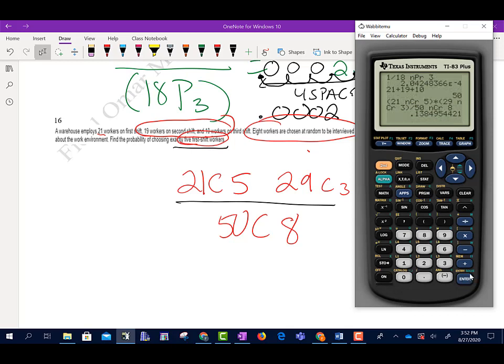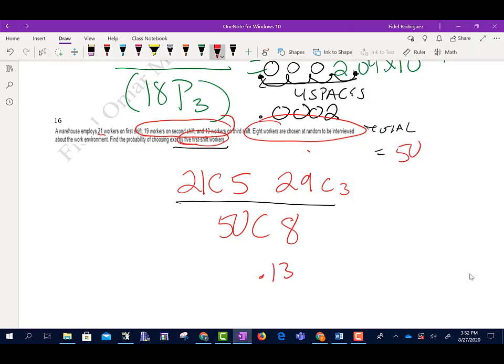And hit enter. And so I'm coming up with, if I go to 3 decimal places, 0.138. Okay.